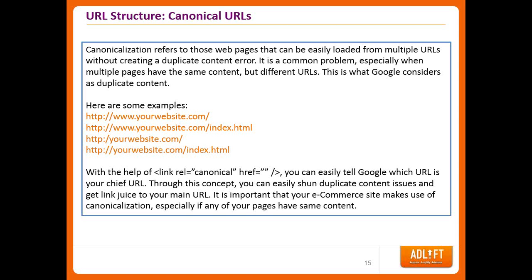And canonical issues. Moving to the next best practice, which is canonical URLs. These are some examples: yourwebsite.com, yourwebsite.com/index.html, without www yourwebsite.com, and without www yourwebsite.com/index.html. These are very general issues which have been found on most websites. Currently, when websites are built, they have this /index.html or index.php issue.